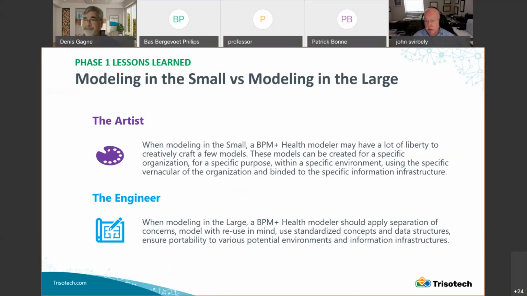And as Phillips has indicated, there will be interest in people sharing models. The consequence of that is the random artisan approach needs to be replaced by more of an engineering approach, where standardized terms and software are used to make these more effective.